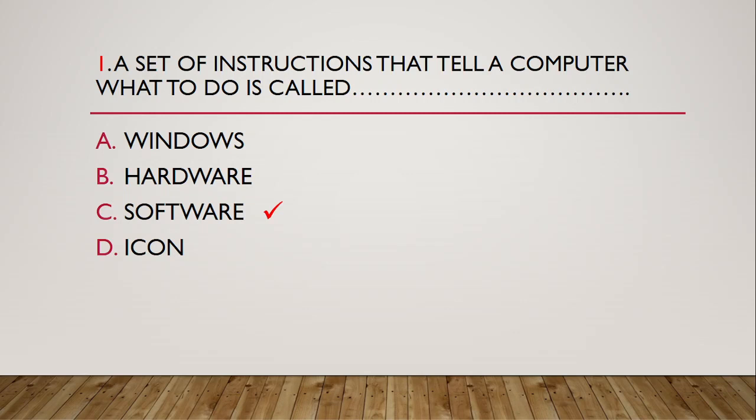In order for a computer to carry out any task, it needs a set of instructions on how to perform that particular task. Those instructions that are followed by a computer to carry out a task are known as software.